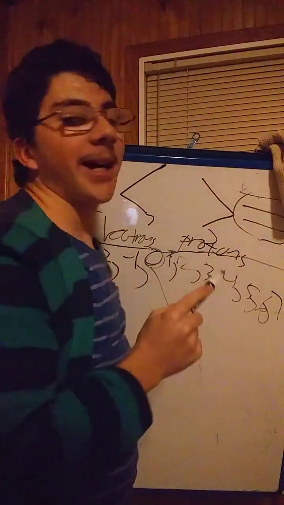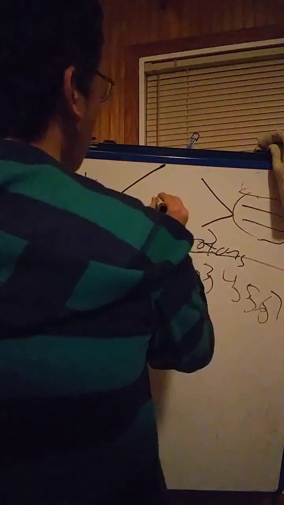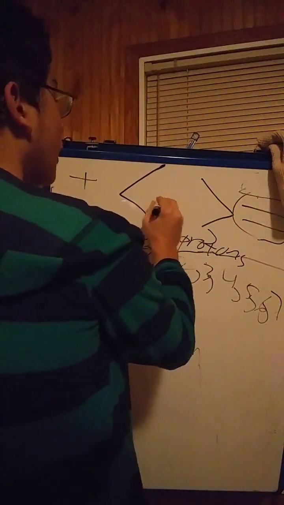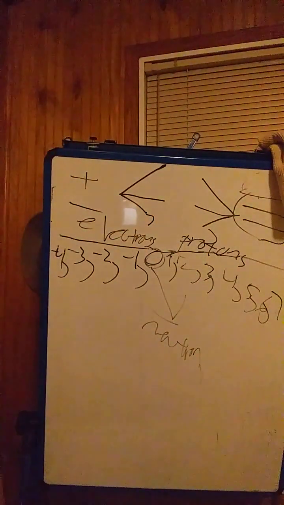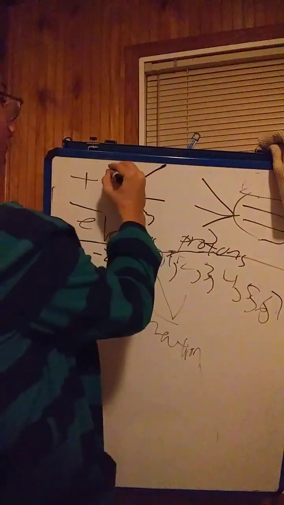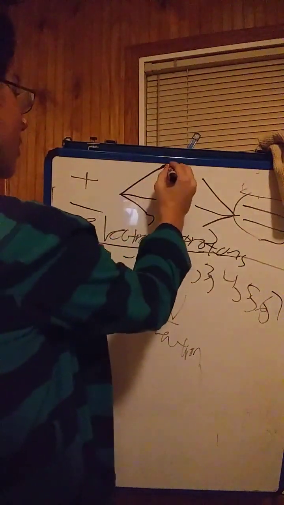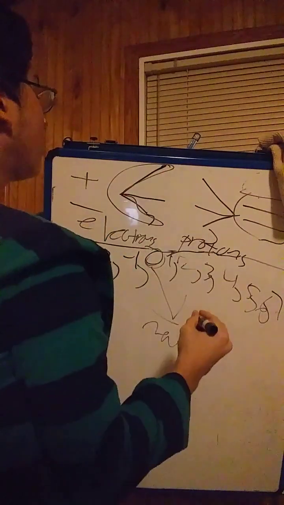Now I want you to look at the next thing that these symbolize, which would be, isn't this familiar? Arrows. You have the mouth of an arrow, right here. This would be the mouth of an arrow.